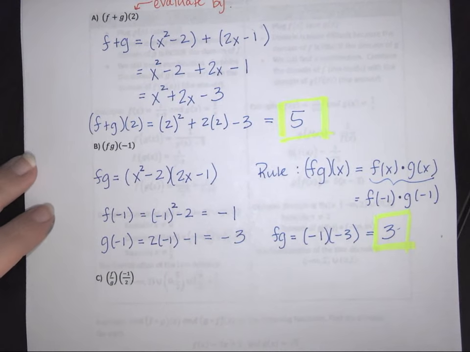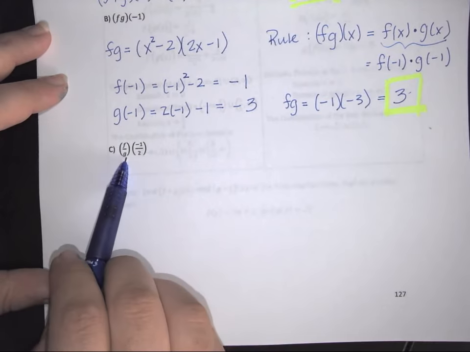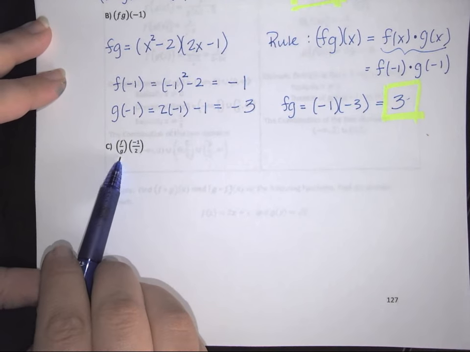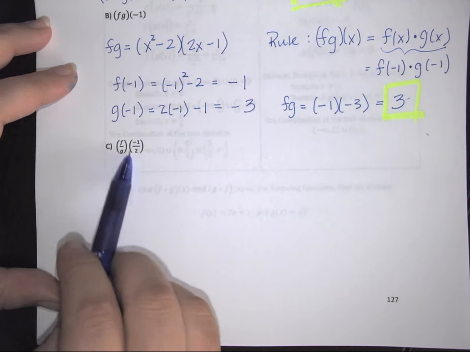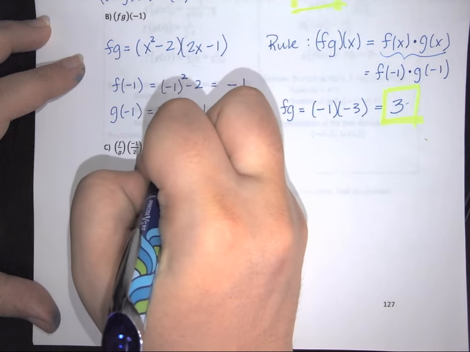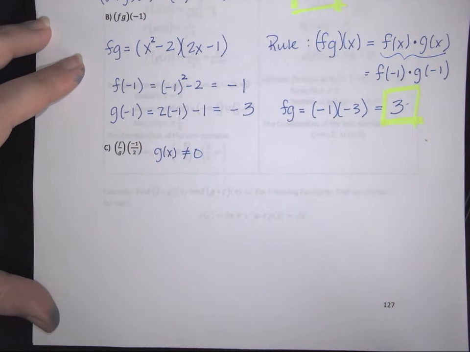get the same result. The part where you could run into a problem is this one here, which says we're doing f divided by g. So what do we know here? Well, we know that g of x cannot be 0 because g is in the bottom.